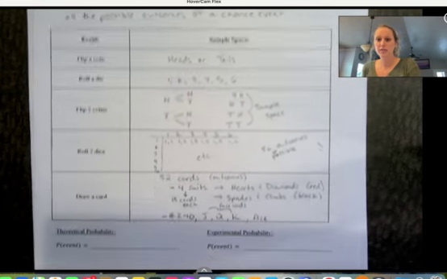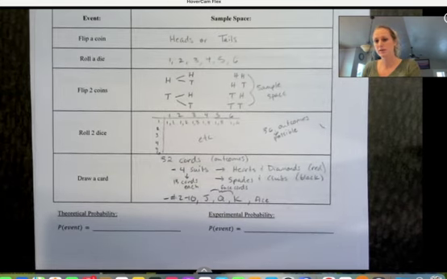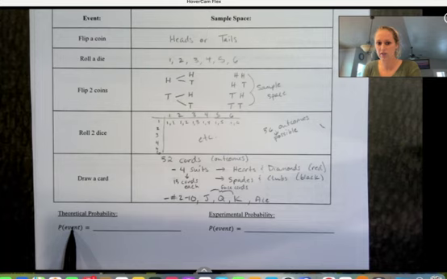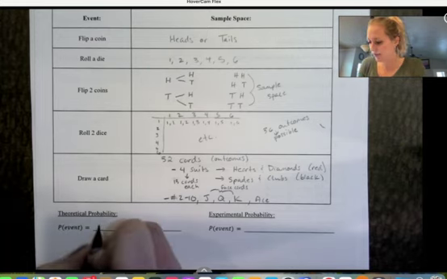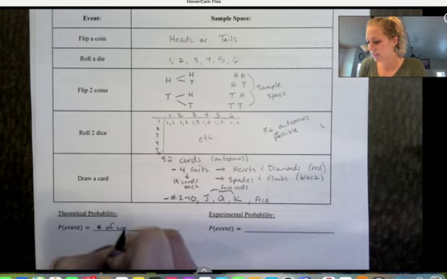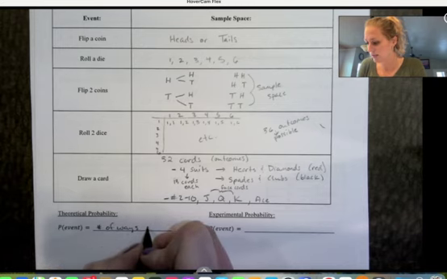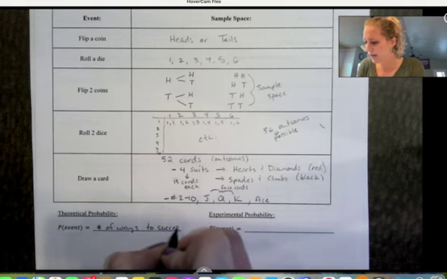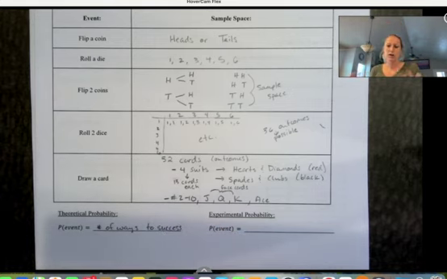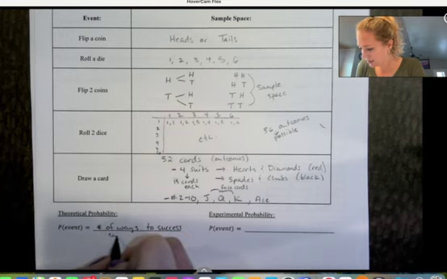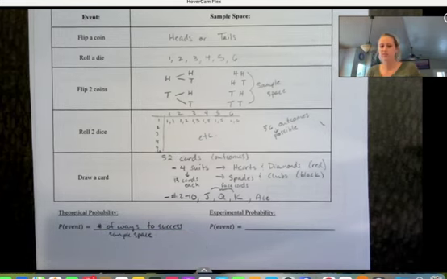Okay, so we're going to specifically be talking about probability with some of these random events. So this is how we'll notate it. This means probability of an event. And how we find the probability is it's the number of ways to get success, divided by the total number of outcomes, which is our sample space. Okay, and that's theoretical probability.